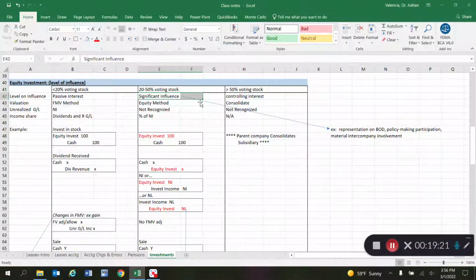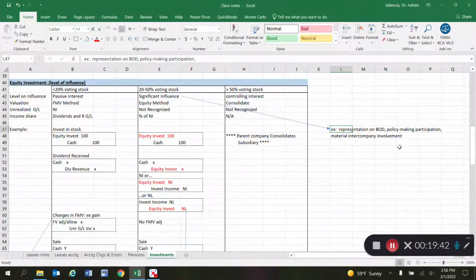Okay, so what are some examples of having a significant influence? And that's what I have right here. So, maybe you have some representation on the board of directors. Maybe you can participate in some of the policy making. Okay, so in other words, you are a particular company X investing in company Y. You're buying some of their stock.